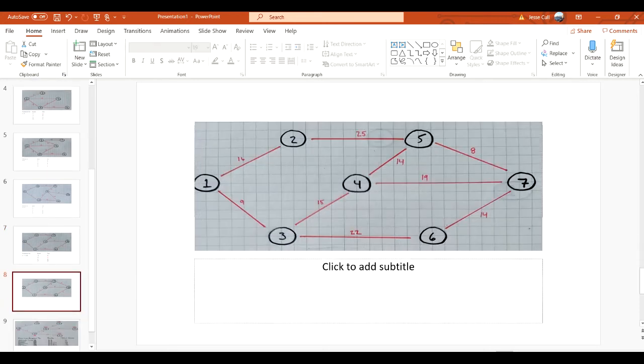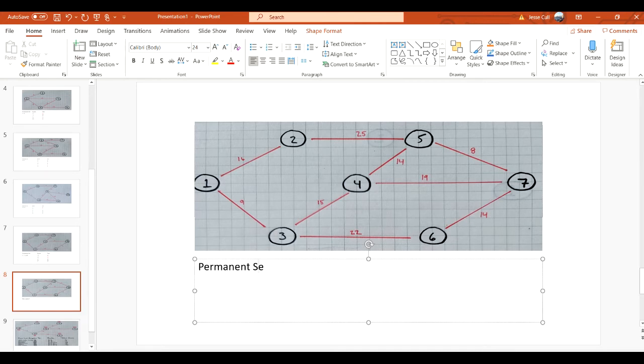So now we're doing permanent set. Because we're at node number 5, 1, 2, 3, 4, 5, and 6. We're almost finished. So what branches haven't been covered yet?